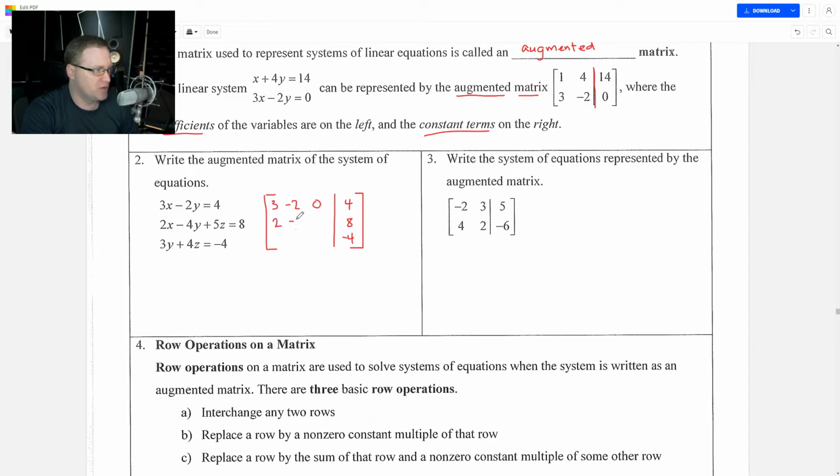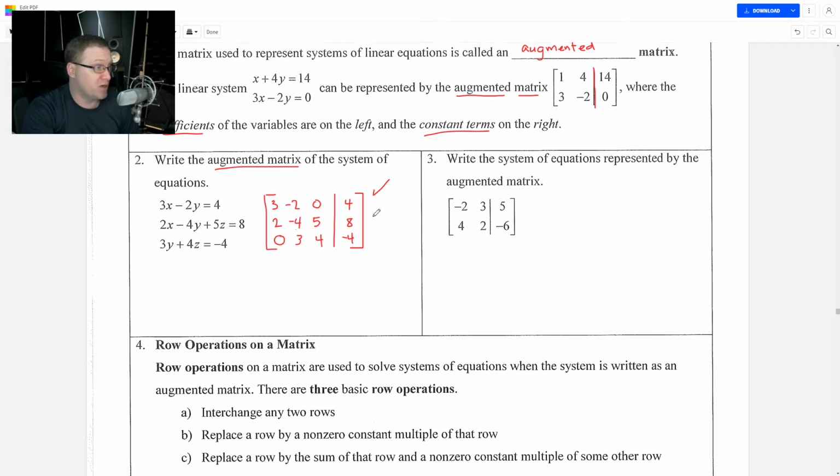And on this one, we have a y and a z, but we don't have an x, so the x is going to be 0 here. Then the y is 3, and the z coefficient is 4. So this is the augmented matrix for this system of equations. Pretty easy.